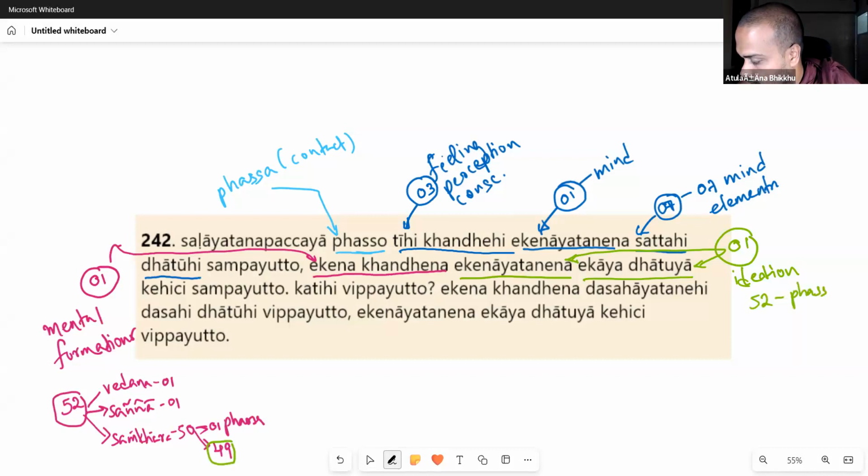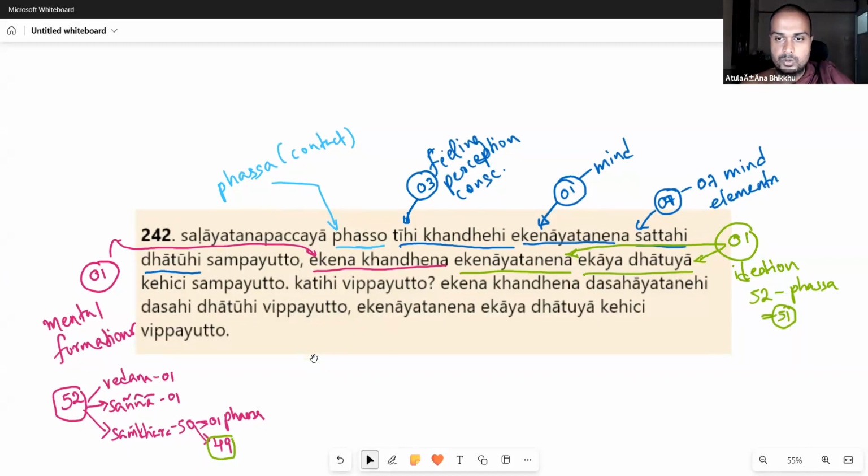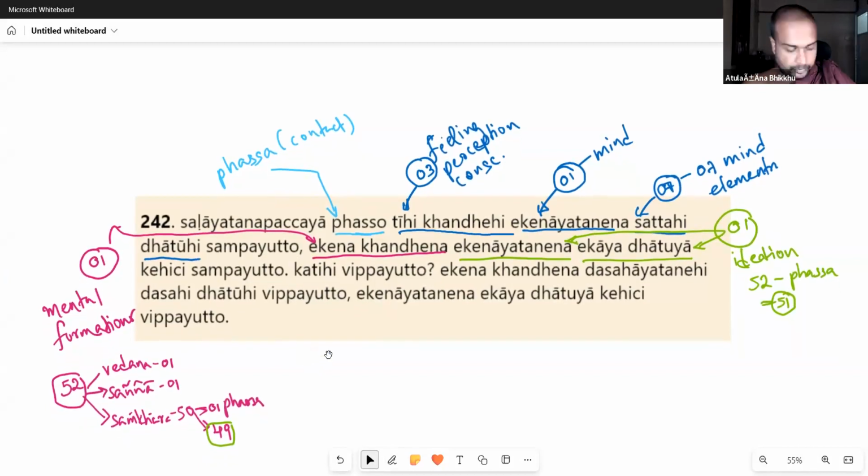The contact cetasika. So the 51 are partially associated with the elements and the bases, right? Ekena ayatanena ekaya dhatuya Kehichi Sampayutta.